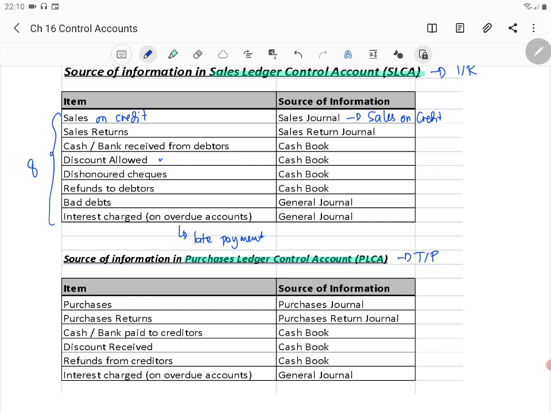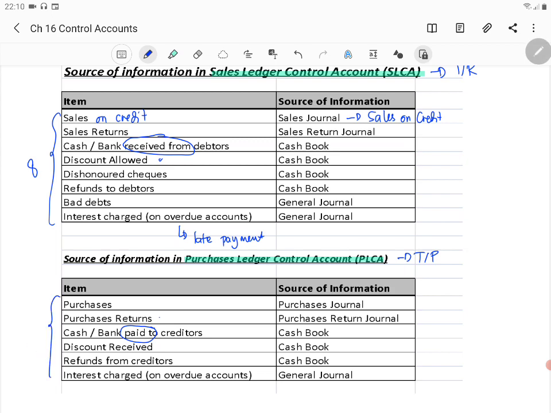And items in the PLCA are purchases, purchases return, cash or bank paid to. If you are in PLCA, it is cash or bank paid to. If you are in SLCA, it's received from. Money received from, but for PLCA, it's paid to.